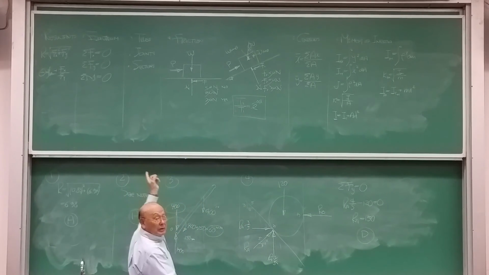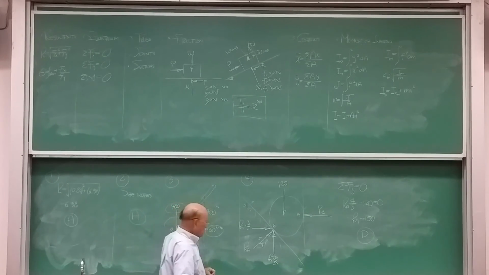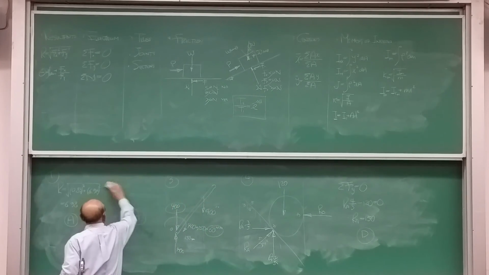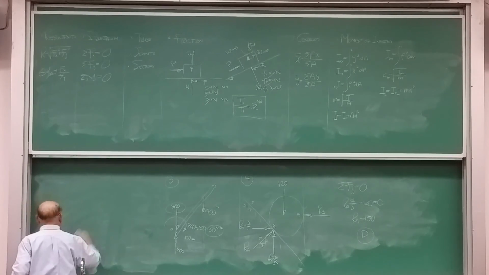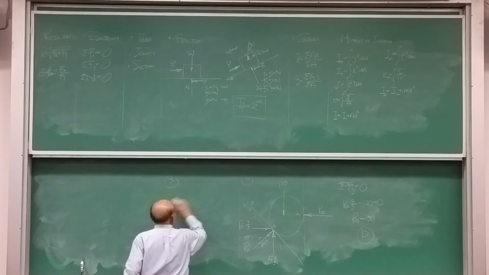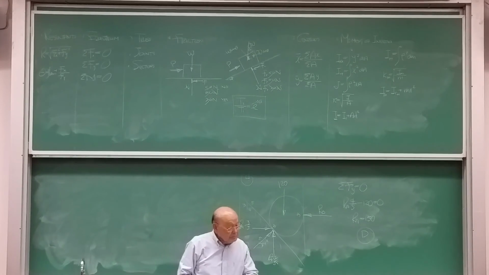So it's coming from equilibrium. Number 5.